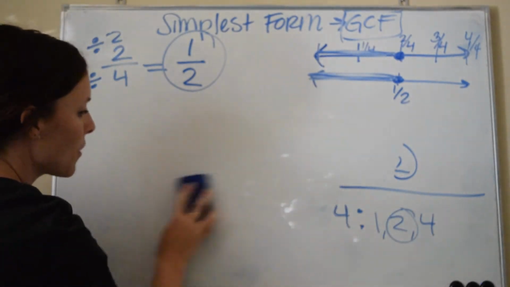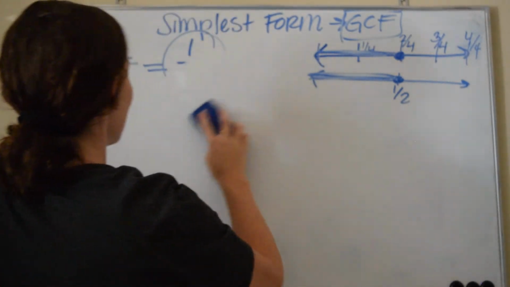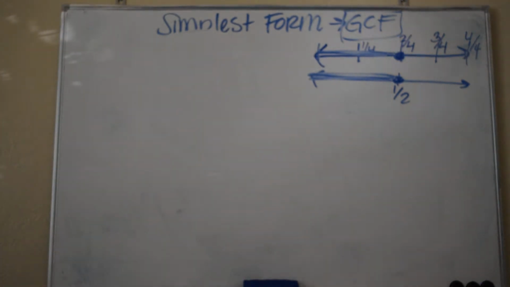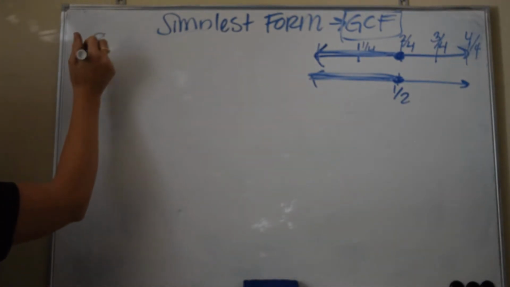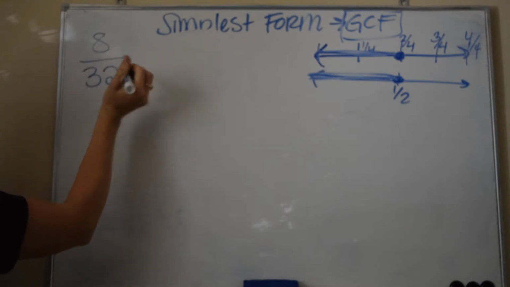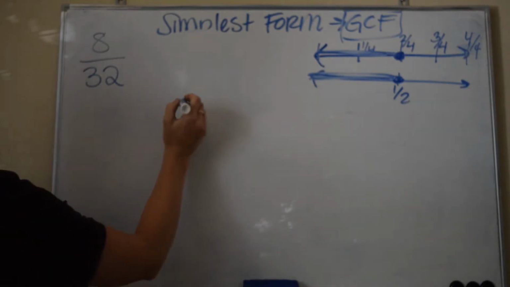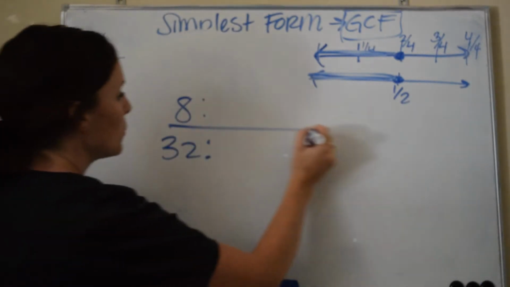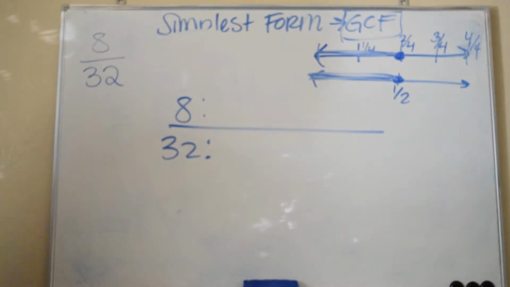So let's use another example to simplify a fraction by finding the greatest common factor. Let's say I have 8/32 as my fraction, and we need to write it in simplest form. So we're going to list all the factors of 8 and 32 and see which is the one that they share that's the biggest.